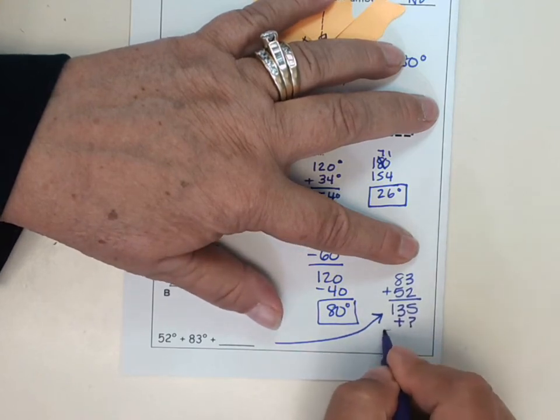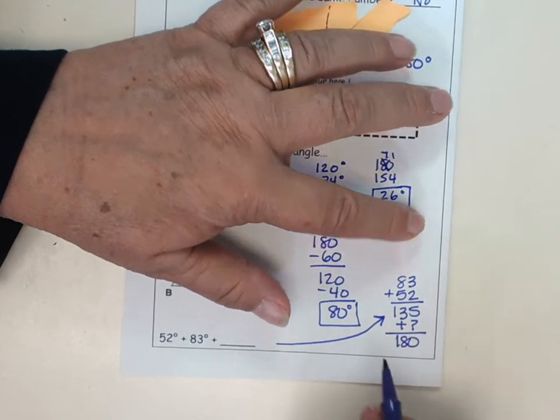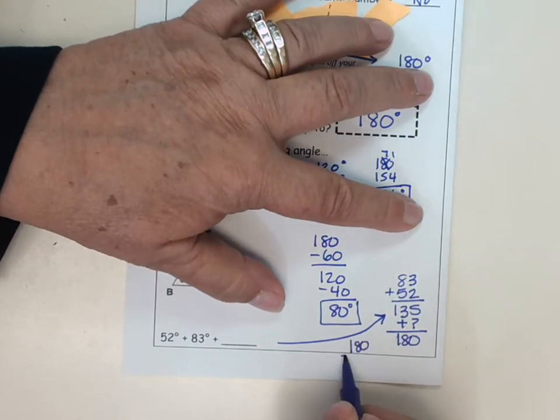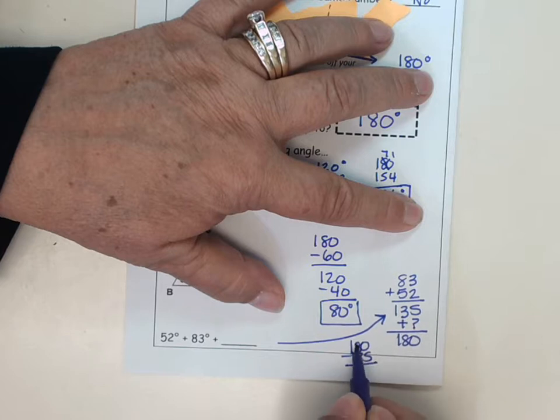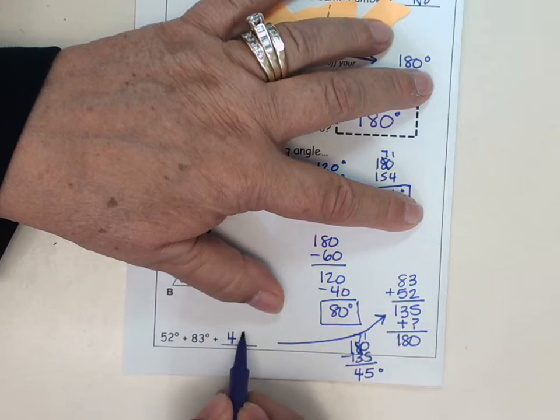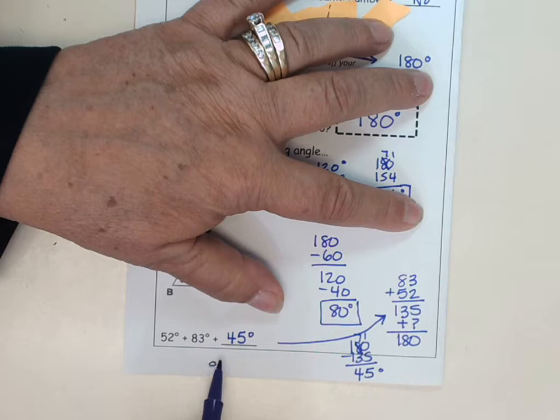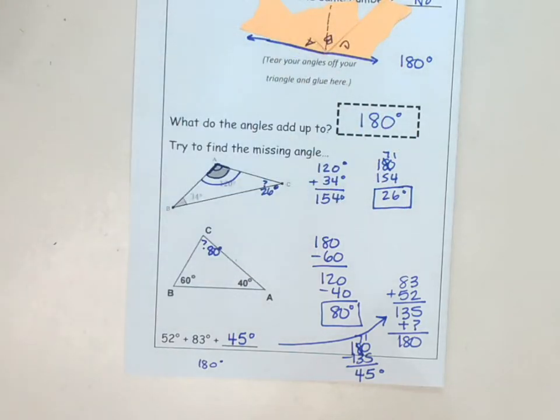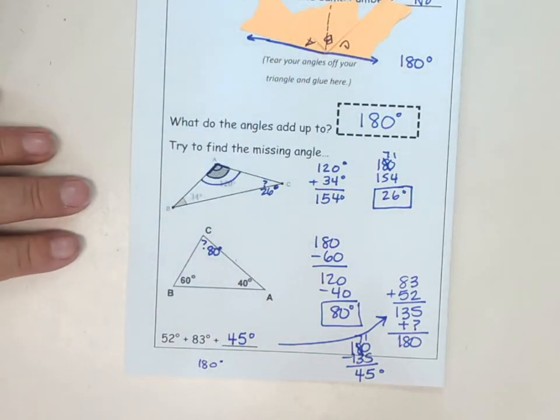So 180 minus 135 is 45 degrees. Now let's make sure all this adds up. 5 and 10 is 0, 5, 13, 5, 180. Perfect. Always check your math because you might be one off somewhere.